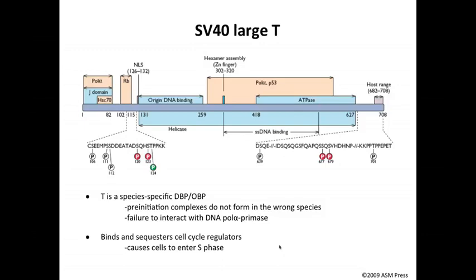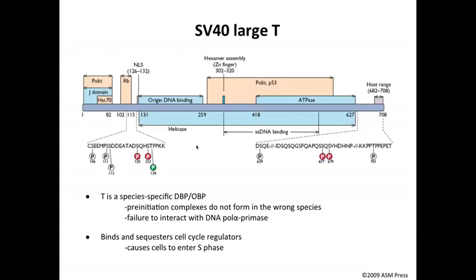So this picture is a diagram of SV40 large T, and the protein is shown as a blue bar, and here on the left is the first amino acid. It is 708 amino acids long. And on this are shown various functional regions of this multifunctional protein.